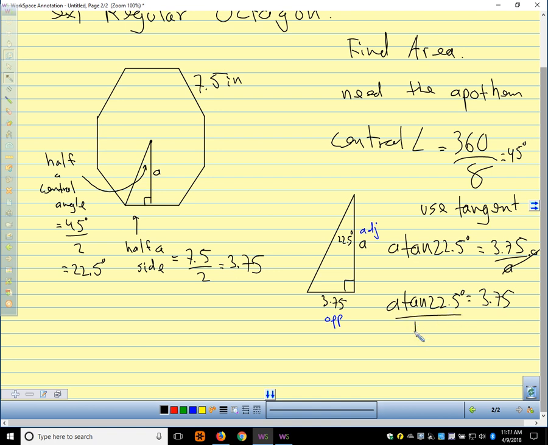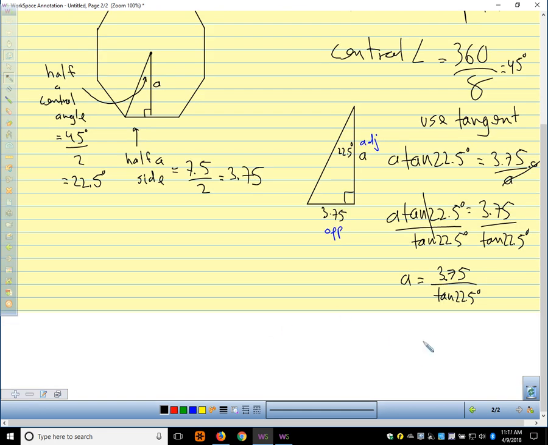And then I divide everything by tangent 22.5 degrees. So those go away. And I get the apothem is 3.75 divided by the tangent of 22.5 degrees. Plug that in my calculator, and I get the apothem is 9.05.